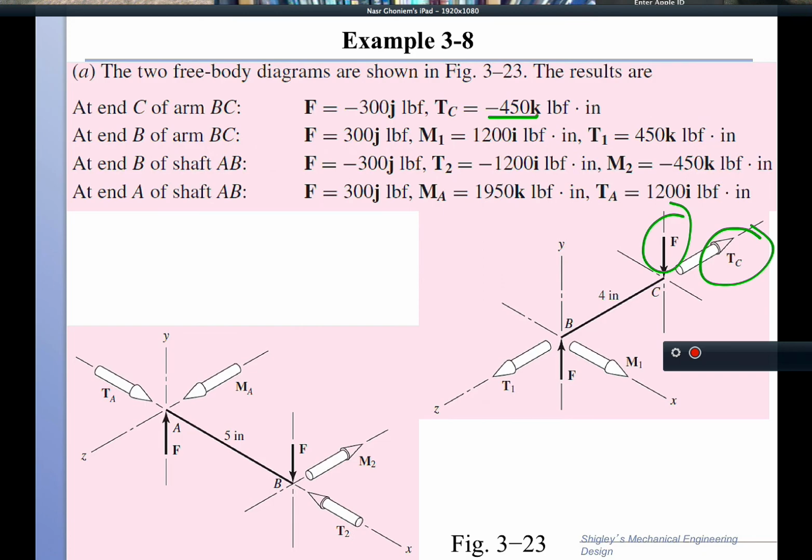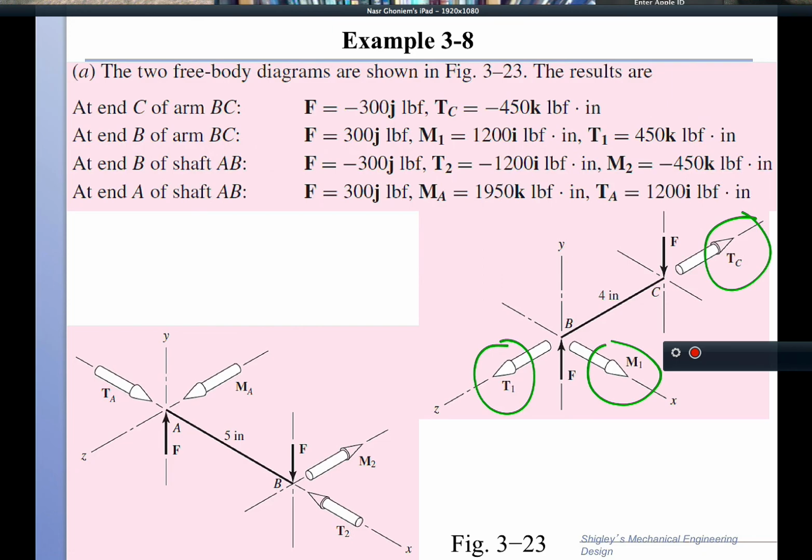At the other end of the arm BC, the arm has to be in equilibrium. So to have equilibrium, we must have a vertical force F exactly equal to the vertical force F at C, and we also must have a torque T1 that is opposing T sub C. Also, for balance, because we had a moment here, we have a moment M1 in the X direction.